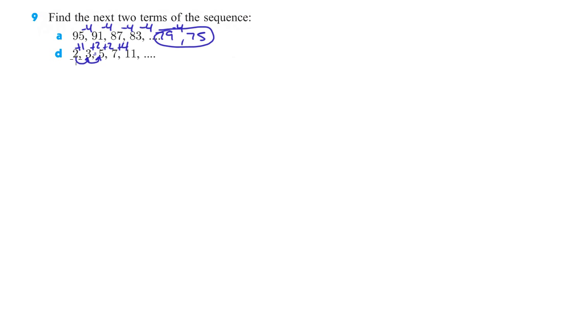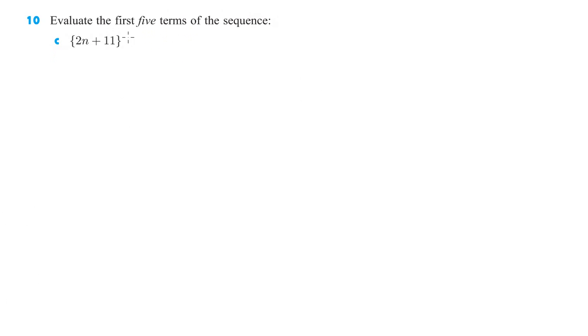Oh, look, these are prime numbers. 2, 3, 4 is not prime, but 5 is. 6 isn't, 7 is. 8, 9, 10 aren't. 11 is. So now we've got to find the next two prime numbers. Not 12, but 13 works. 14, 15, and 16 are all composites. So then 17 is our next prime number. So we get 13 and 17 on that.